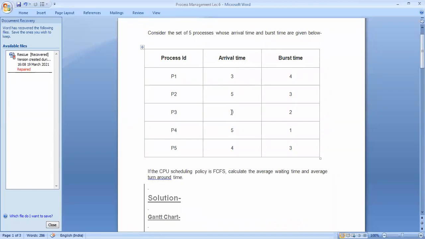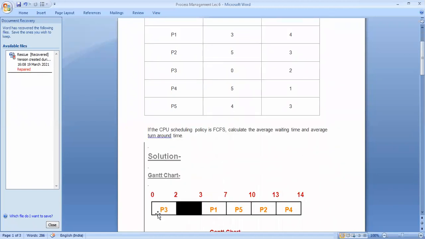P3 will take 2 units, whether milliseconds, seconds, minutes or days. Burst time is 2. Suppose we are assuming milliseconds, so 2 milliseconds. We start from 0 and P3 will finish at 2 milliseconds.